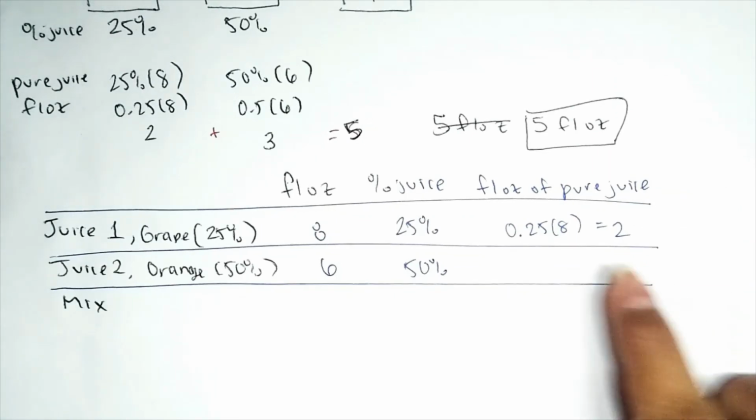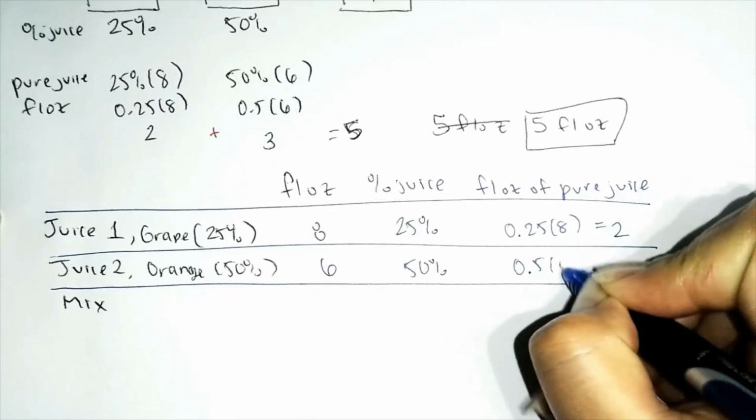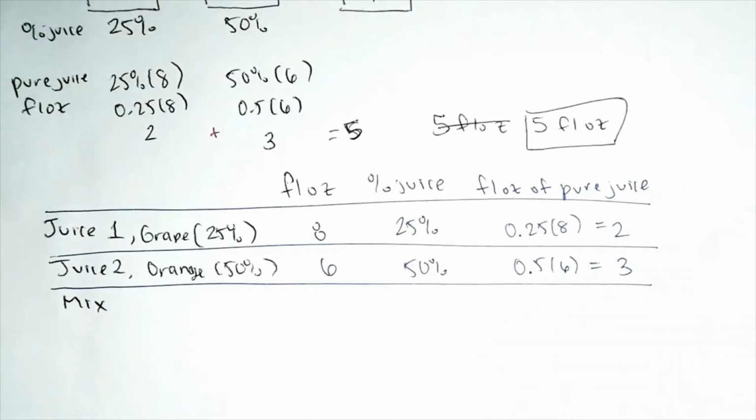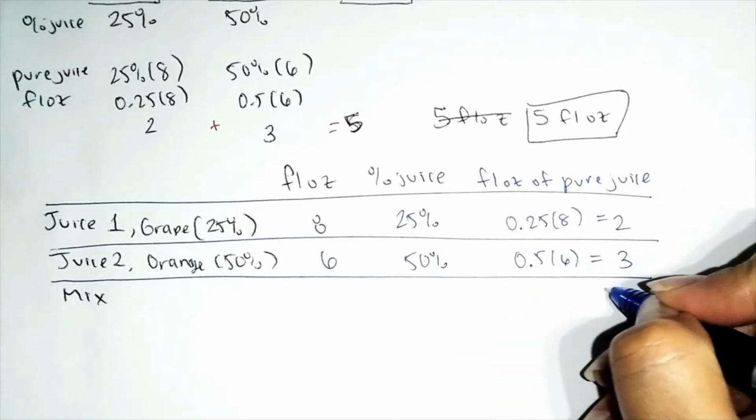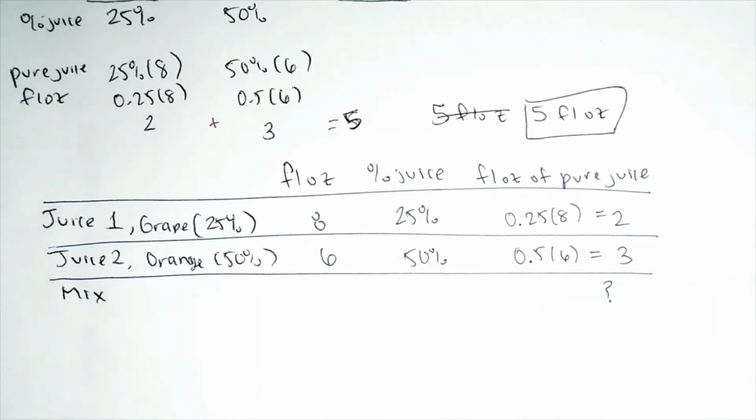The second one is 50% juice, so 0.5 times 6 equals 3. For the grand finale, how much pure juice do we have in the mix? We just add these two. 2 plus 3 is 5.